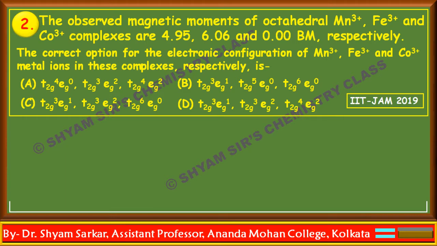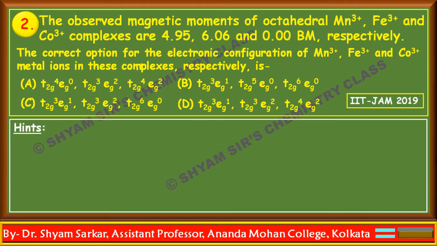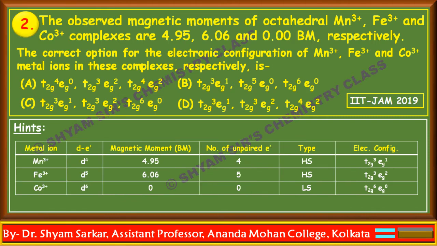Let us see. If you make this chart, it will be easier for you. First write down the metal ions with their corresponding number of d electrons, and then the magnetic moments, which are given: 4.95, 6.06, 0.00. So there is no need to calculate the magnetic moments, they are already given.